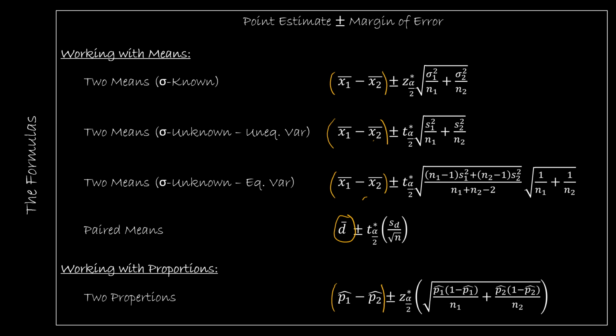The only difference is if you have a paired means question, we're going to have a question where the data is not independent. So for instance, a pre-test, post-test, a field before it's sprayed with fertilizer, and then a field after it's sprayed with fertilizer.